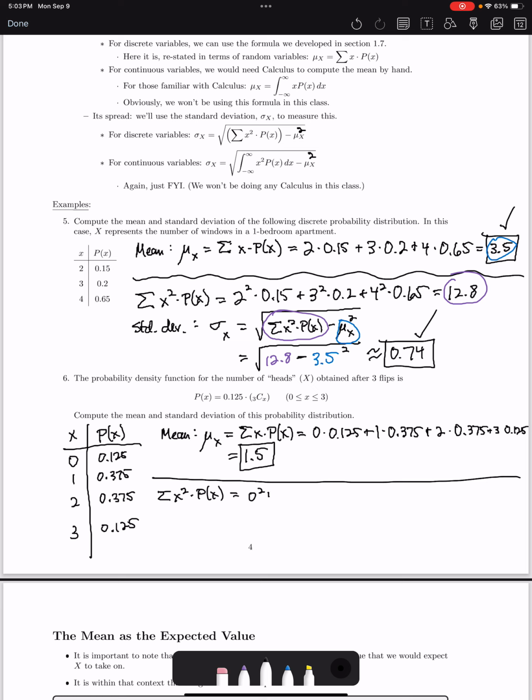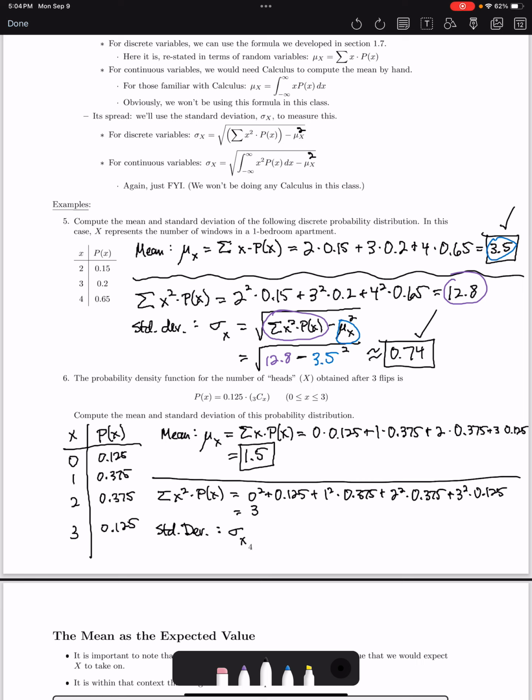That's going to be 0 squared times 0.125 plus 1 squared times 0.375 plus 2 squared times 0.375 plus 3 squared times 0.125. And you punch that into your calculator, and that comes out to 3. But we're not done yet, because now we can compute the standard deviation.